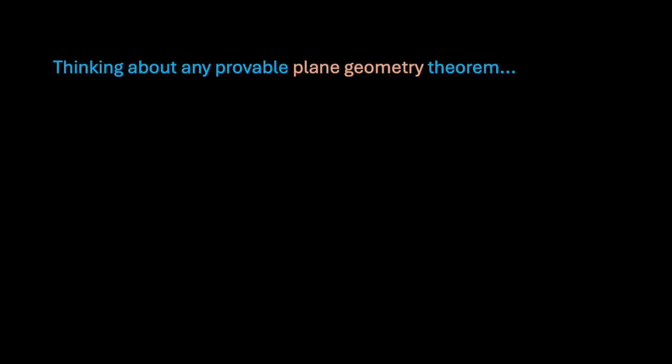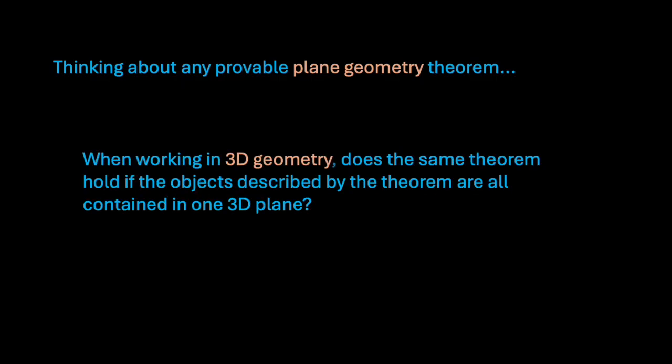Just think about any provable plane geometry theorem. This is going to apply to all of them. When working in 3D geometry, does the same theorem hold if the objects described by the theorem are all contained in one 3D plane? Well, intuitively, yes.